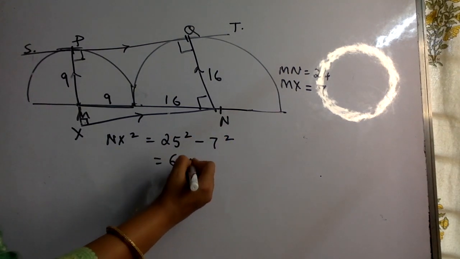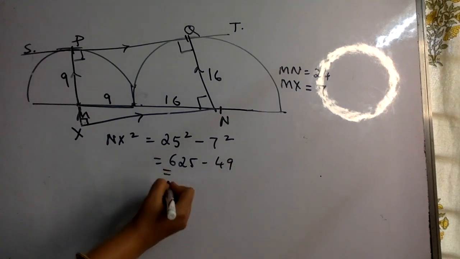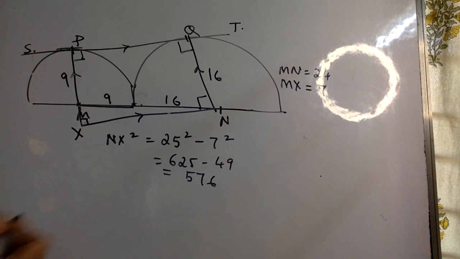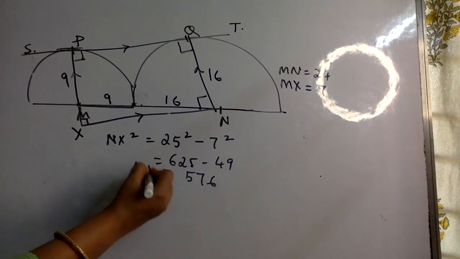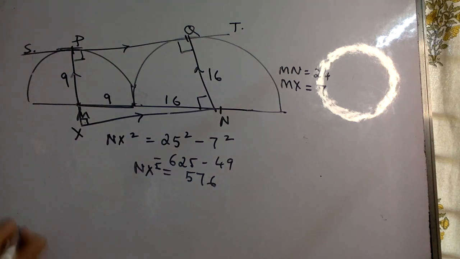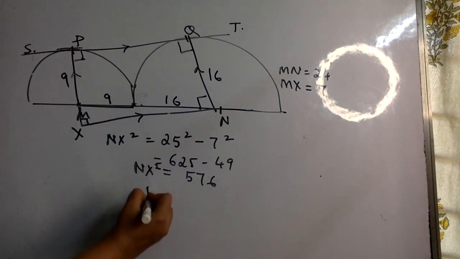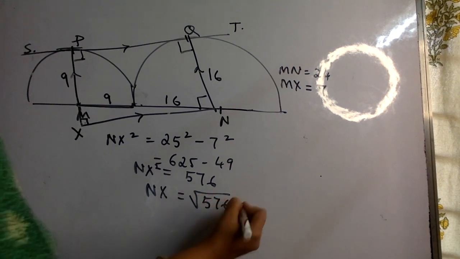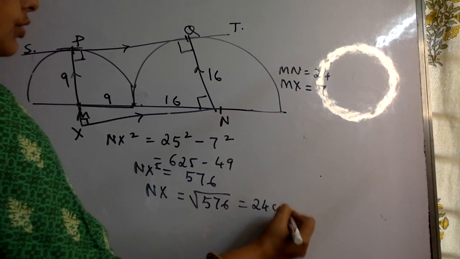That is 625 minus 49, and that gives me 576. Isn't it? NX square is 576, then NX is square root of 576, which is equal to 24 centimeters.